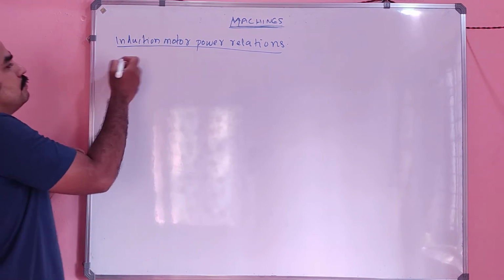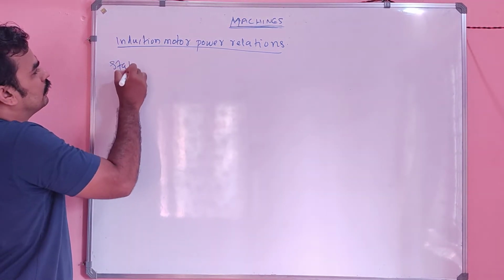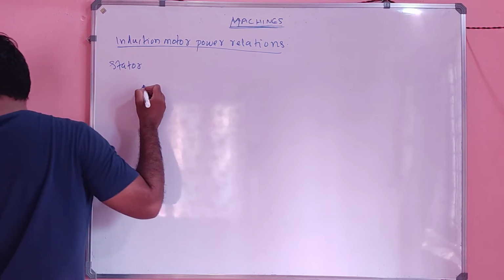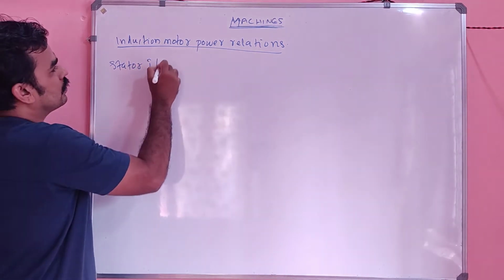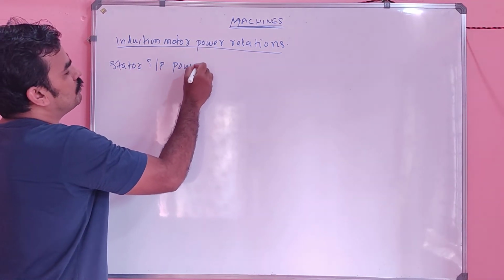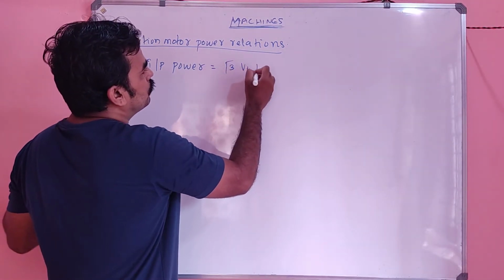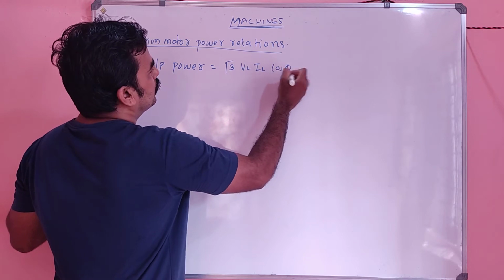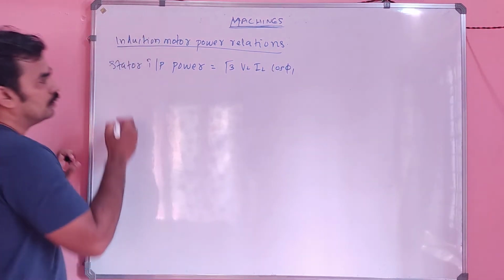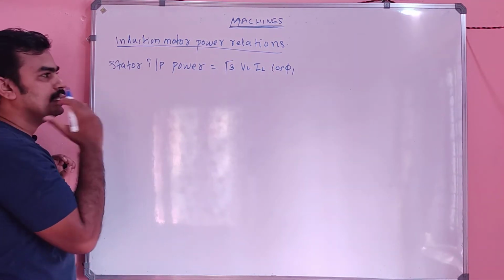We have, my dears, listen. Stator input power will be equal to, what is the input power equation? √3 into VL IL cos phi 1, correct? Where VL is the line voltage and IL is the line current, you know this.